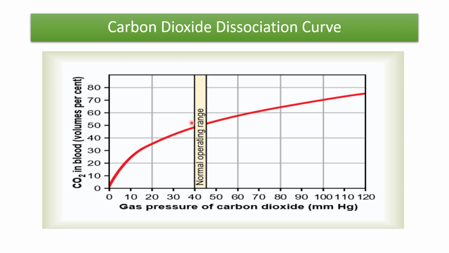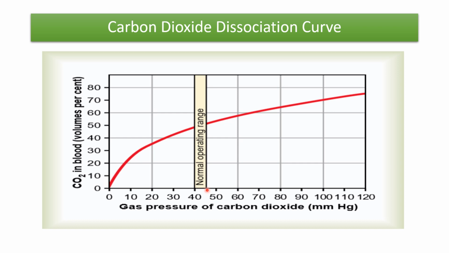How? As you can see, the volume of carbon dioxide rises to 52 volume percent as blood passes through the tissues, where the partial pressure of carbon dioxide is 45 mmHg in the venous blood.